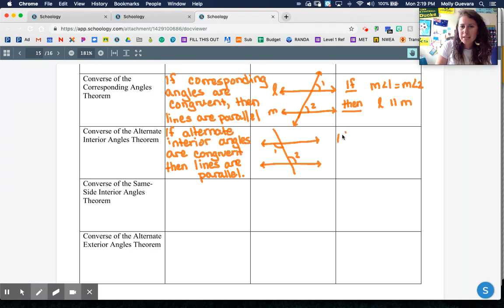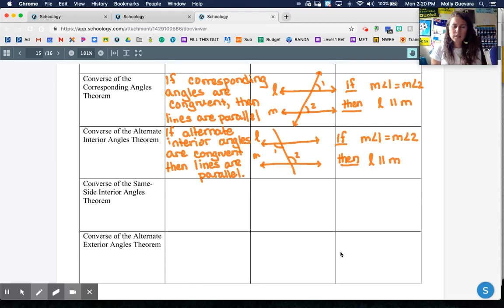So this is just saying if I know that the measure of angle 1 equals the measure of angle 2, then I can automatically say, oops, I should label this again, L and M. Then I can say that line L is parallel to line M. Okay, so if I know that those angles are the same, then I can go ahead and say that the lines are parallel. And this trend just kind of continues on, okay?